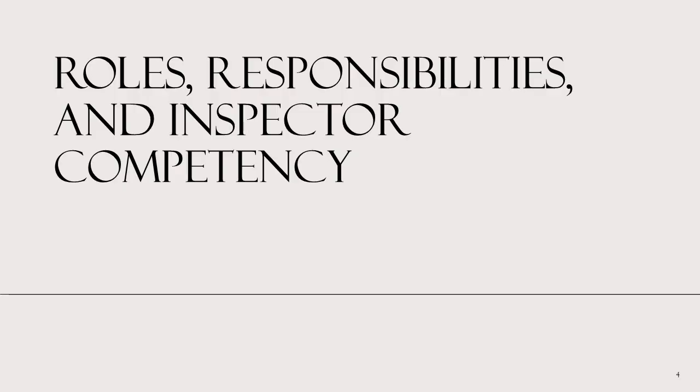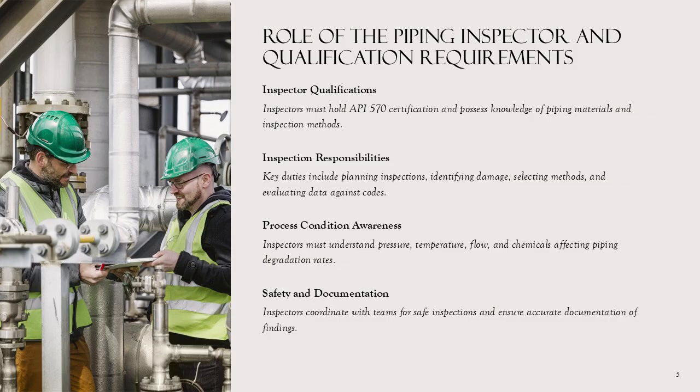Role of the piping inspector and qualification requirements. The piping inspector is a key authority responsible for assessing the condition of piping systems and determining their fitness for continued service. According to API 570, inspectors must be properly qualified, typically holding API 570 certification, and must have sufficient knowledge of piping materials, fabrication methods, damage mechanisms, and inspection techniques.